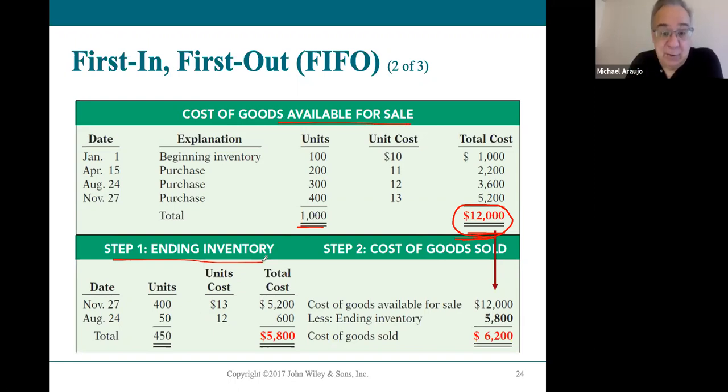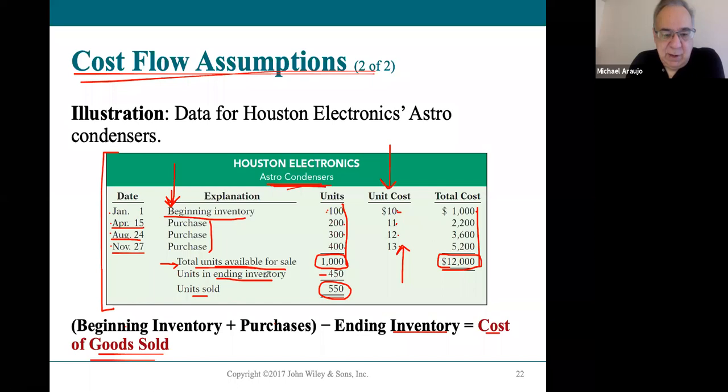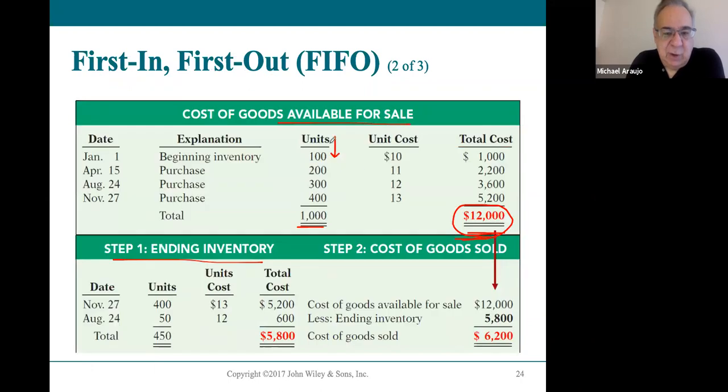Under the FIFO system, the first ones in are the first ones out. If you remember, ending inventory was 450 units that are still in the store. So under FIFO, all these units at the very beginning were sold. The 450 still in the store are these 400 units, and 50 of these units, because the others have been sold at 12.